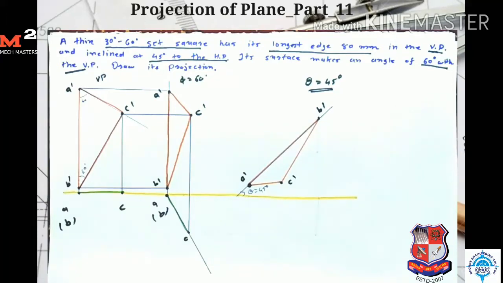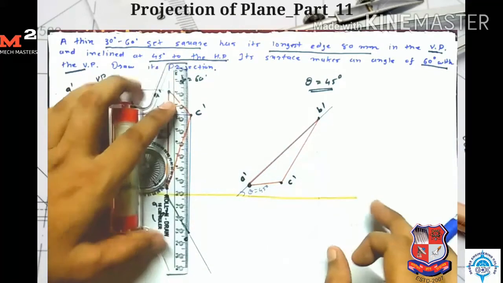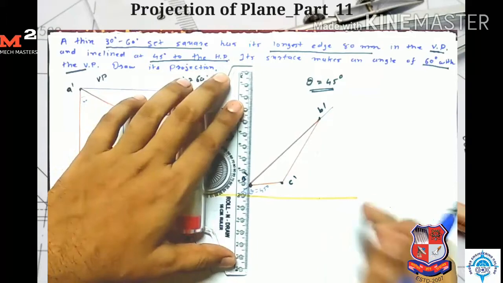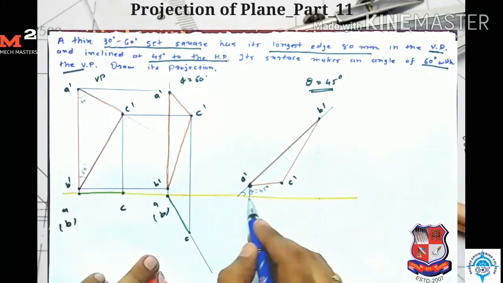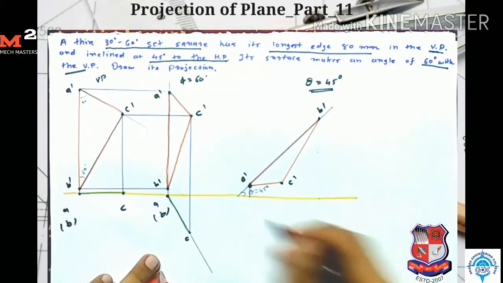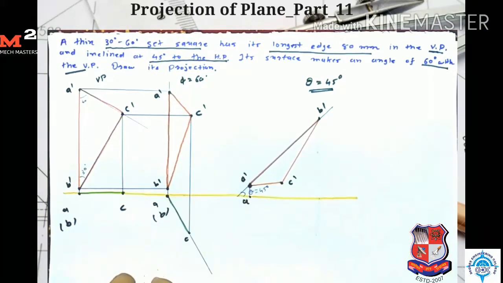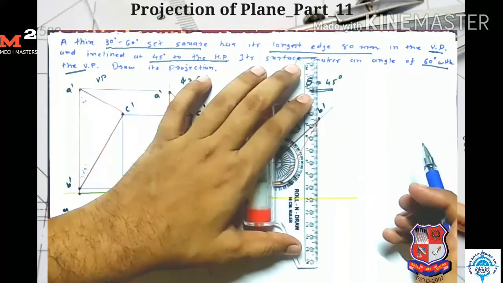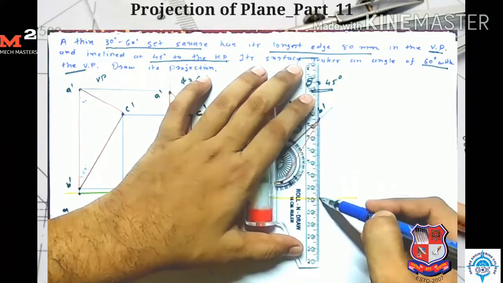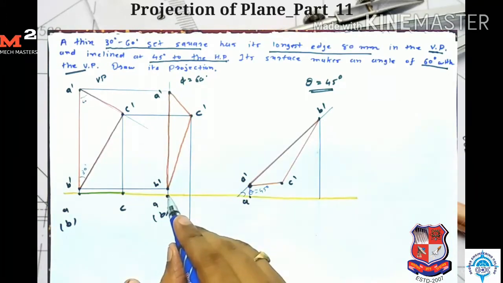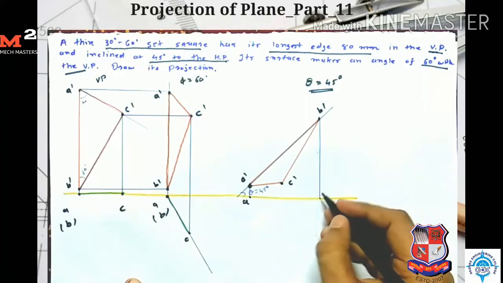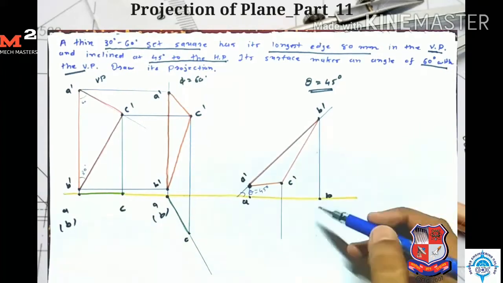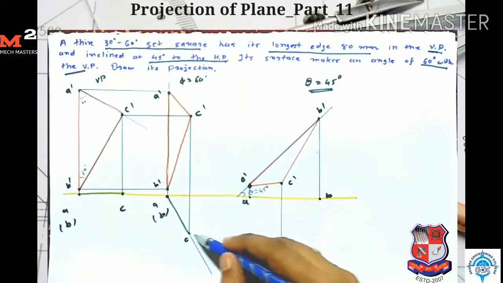Now for drawing the top view, I take the projection from all points. I start from point A. For point A, I take the projection from A dash and from here. So here I get my point A. For point B, I take the projection from here and from here. So here I get my point B. For point C, I take the projection from here and from here.